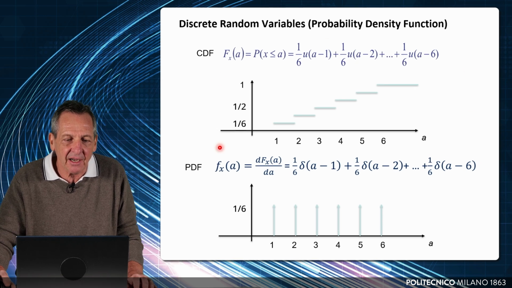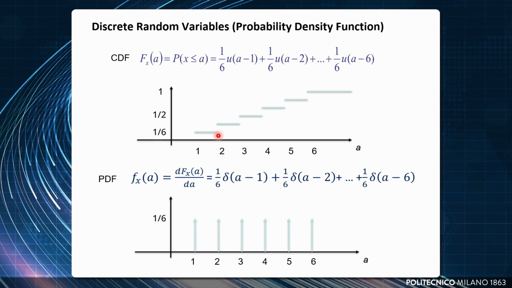And if we look at the cumulative distribution function with, you see, many jumps over here, and we compute the first derivative in correspondence of values 1, 2, 3, 4, 5, 6, where each jump has height 1 over 6, we have impulses in positions 1, 2, 3, 4, 5, 6 of area 1 over 6, and 0 everywhere else, because you see that the cumulative function is flat, and so the first derivative is 0.